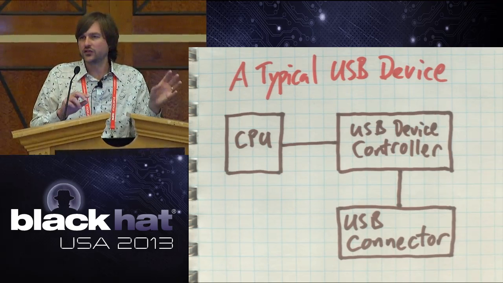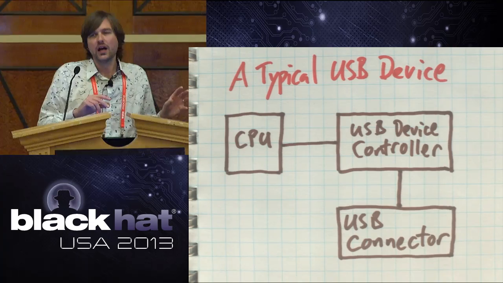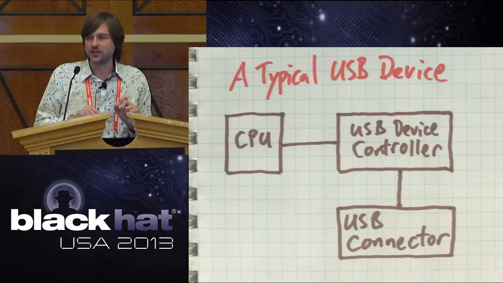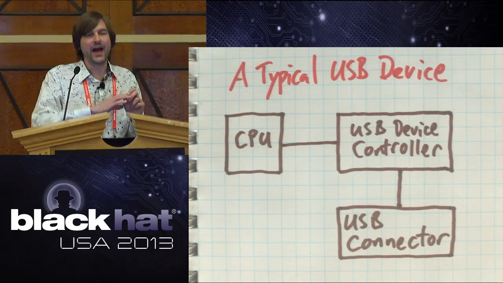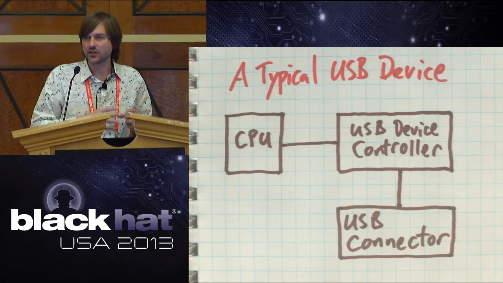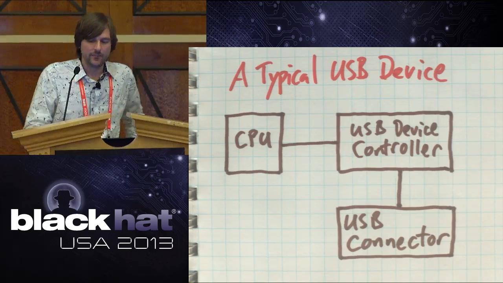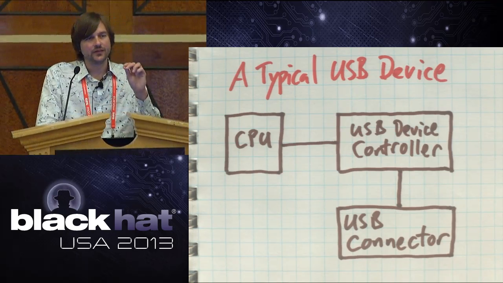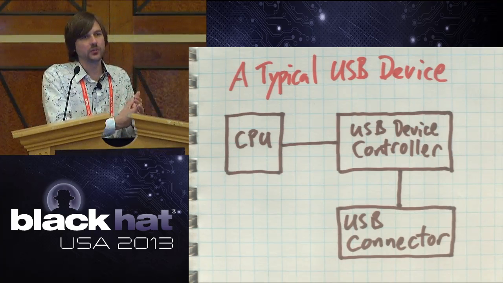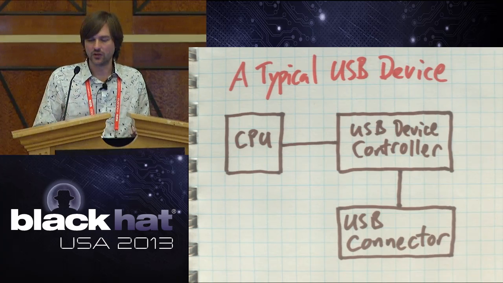Then it talks to some CPU, and that CPU may be in the same integrated package. We see a lot of microcontrollers that have an integrated USB device controller, so those two things might actually be one IC. But typically you'll see that device controller connected directly to the USB connector. So if you plug into the USB connector, you're talking to the device controller.